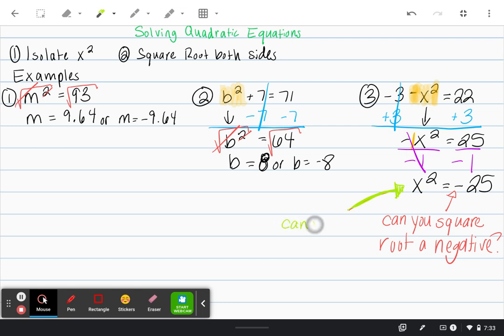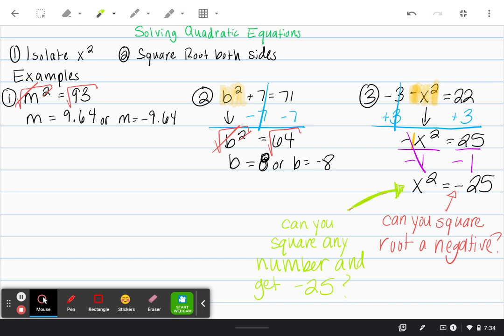So can you square any number and get negative 25? A lot of people will jump in and say, well, negative 5 squared.